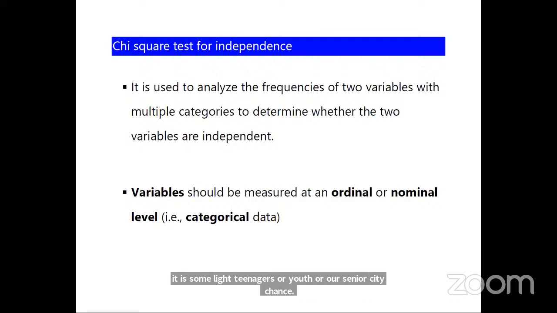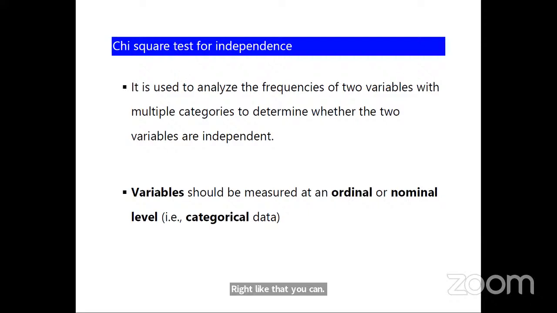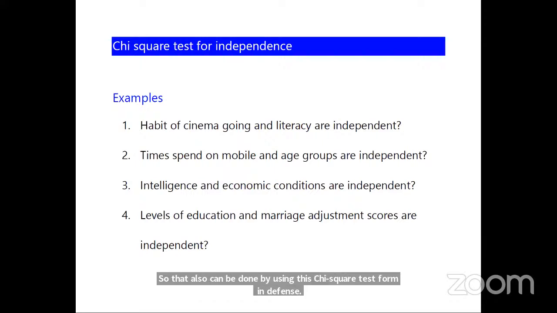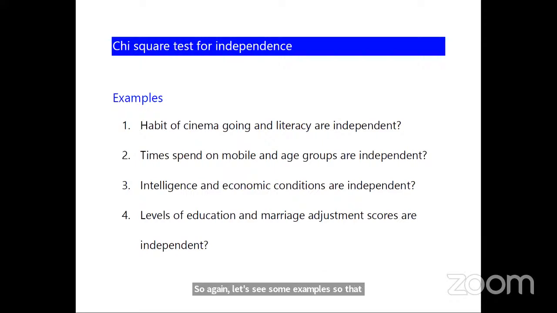Like that you can divide according to the ages into particular categories. So that also can be done while using this chi-square test for independence. Again, let's see some examples so that the ideas will be clear to you, when we have to use this chi-square test for independence.